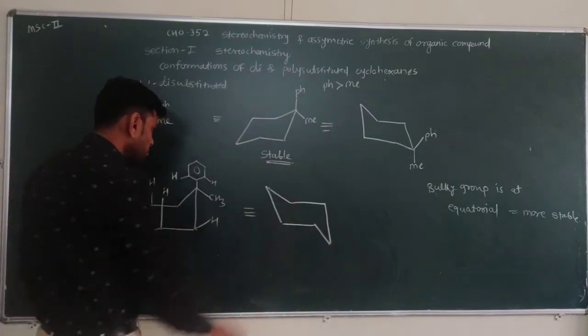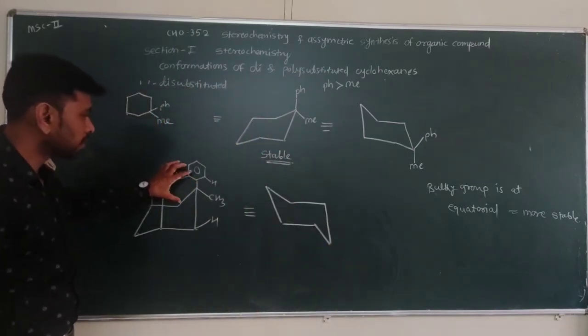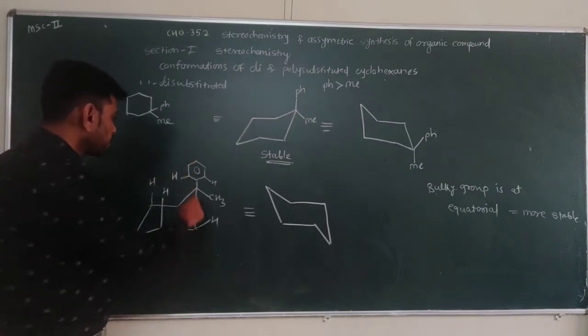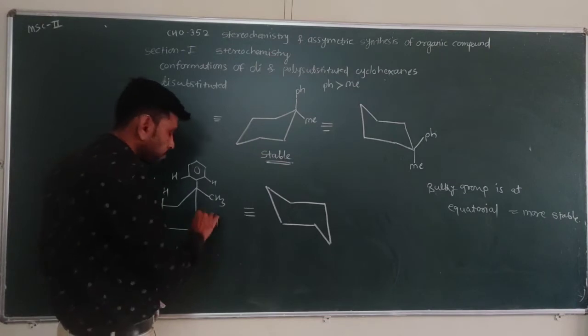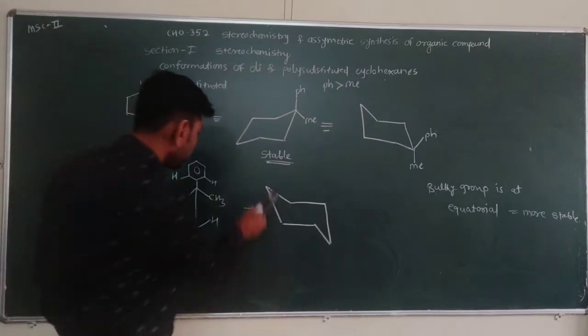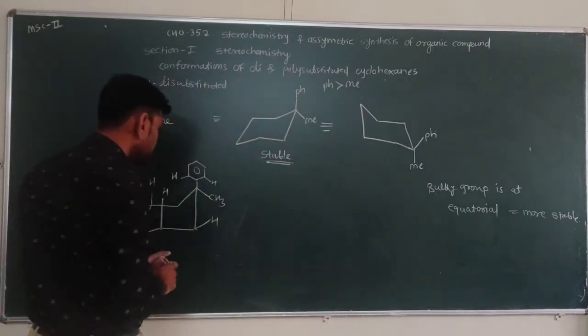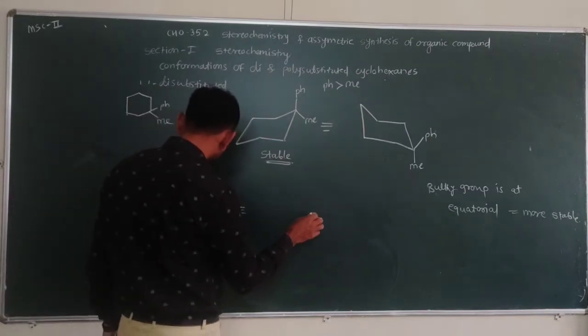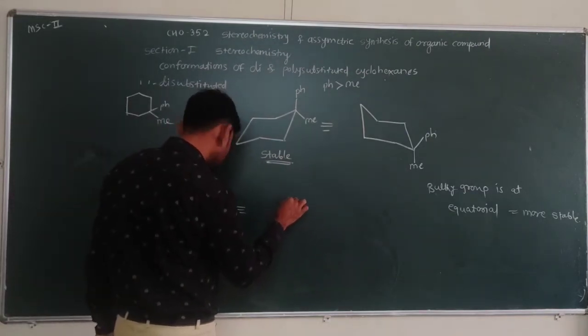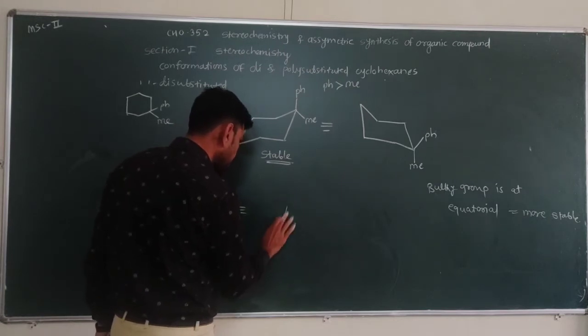Here in this chair conformation, we flipped this ring. When we flip this ring, or instead of that, see the same structure where we just change the equatorial and axial positions.